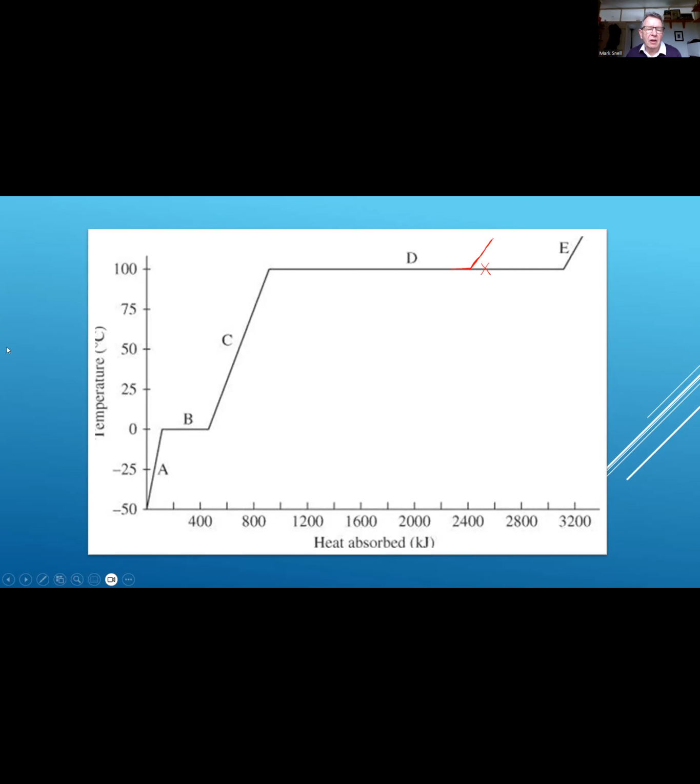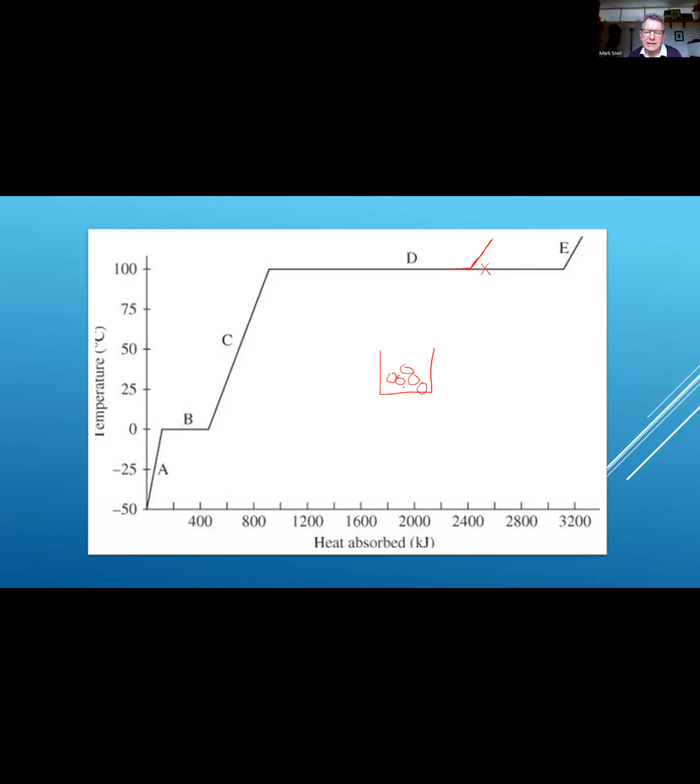Things to notice. Firstly, the graph has temperature up the y-axis, up the vertical axis. Along the bottom, it has either heat added or it has time. It doesn't matter which one it is, time or heat added. And we assume that we are starting with, for instance, a beaker with some bits of ice in it.